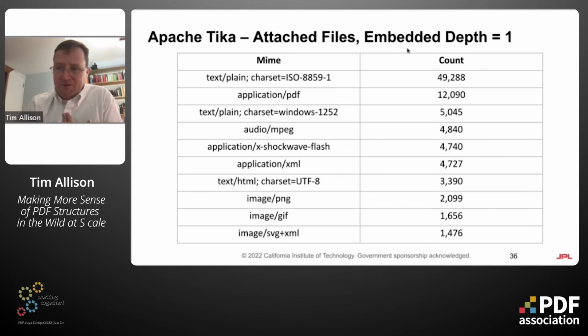A lot of those were like job options kinds of things that weren't really meaningful and were probably put in as part of a workflow, not by a human necessarily. About 12,000 PDFs. We had some MPEGs, we had some Flash files, PNG, GIF, some SVG, and some other files. So those are kind of the files that are embedded at the main level of these 8 million PDFs.